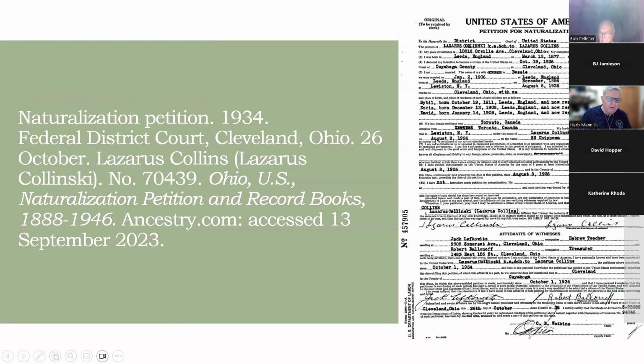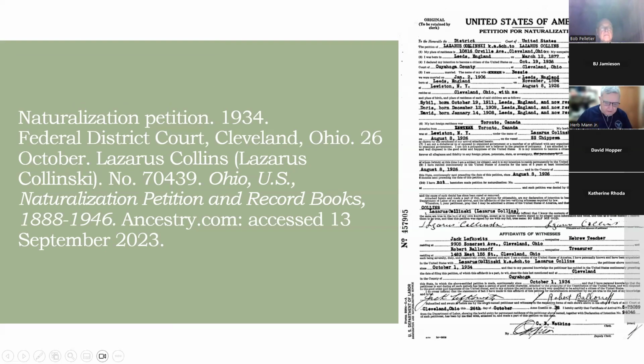So here's a naturalization petition. So I've got the type, the year, where it was, the date, who it's for. And in this case, he's changing his name to Lazarus Collins from Lazarus Kolinsky. So I put both names there.